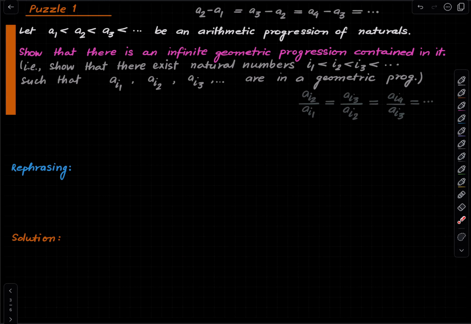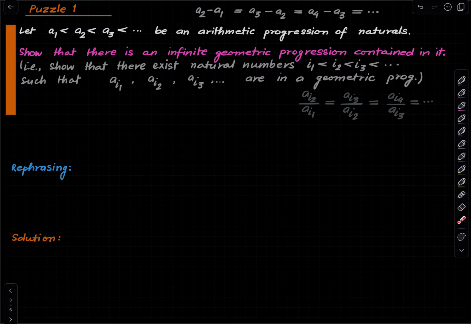And whenever we are faced with a question like this, it is a good idea to experiment. What is the simplest example where you can test this problem? You take the easiest arithmetic progression. So you can take a1 equals 1, a2 equals 2, a3 equals 3 and so on. Basically the sequence of the natural numbers. That is clearly in an arithmetic progression.